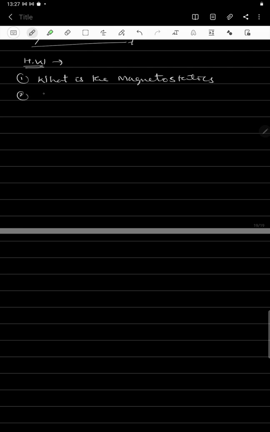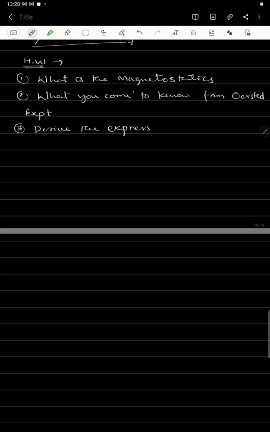Second question, what do you come to know from Oersted's experiment? Third question, derive the expression of the Biot-Savart law.